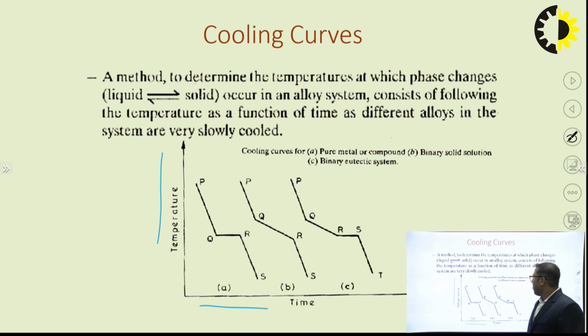You can see the temperature decreasing with increasing time, and there is a constant temperature for a particular interval of time, then afterwards the temperature starts to decrease again as time moves on.